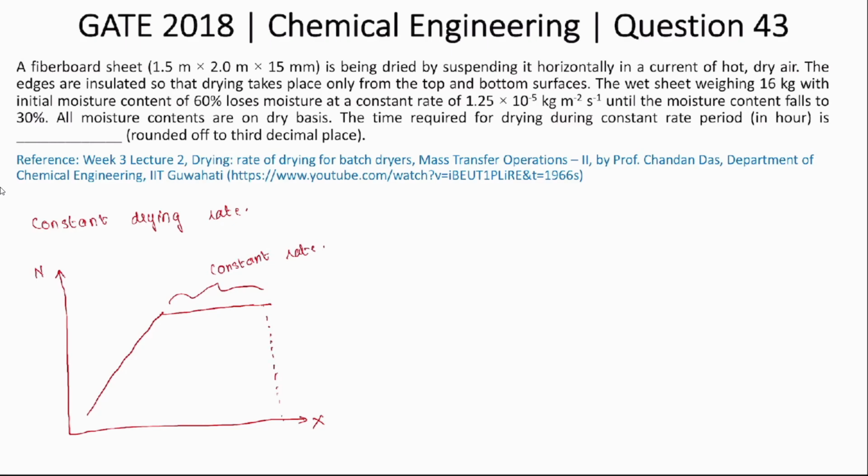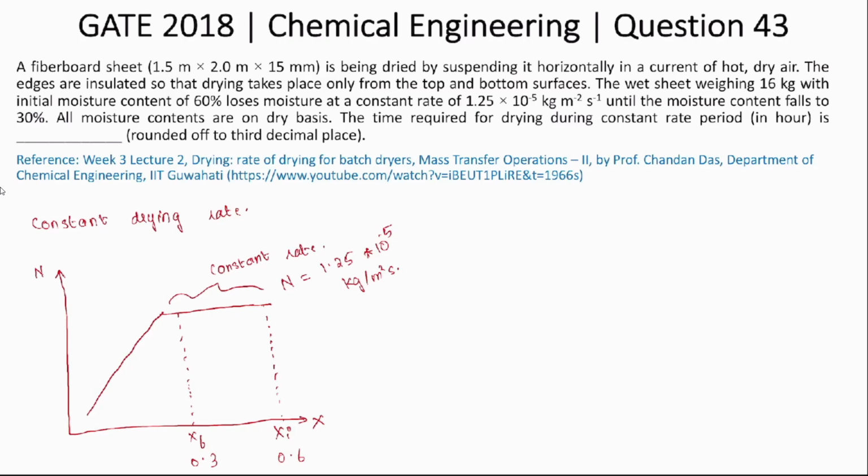So the initial moisture content they have given as Xi as 0.6 and the final moisture content Xf they have given as 0.3. Now the rate is also given as 1.25 into 10 raised to minus 5 kilogram per meter square second.